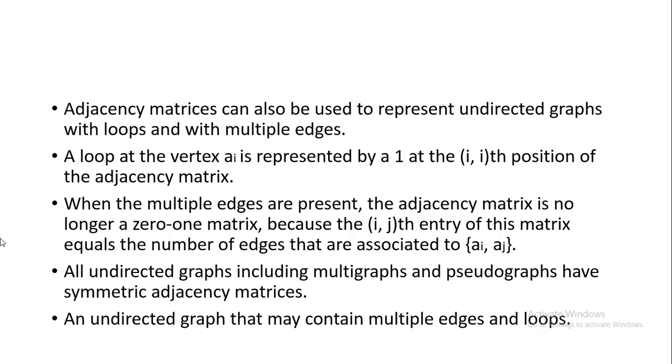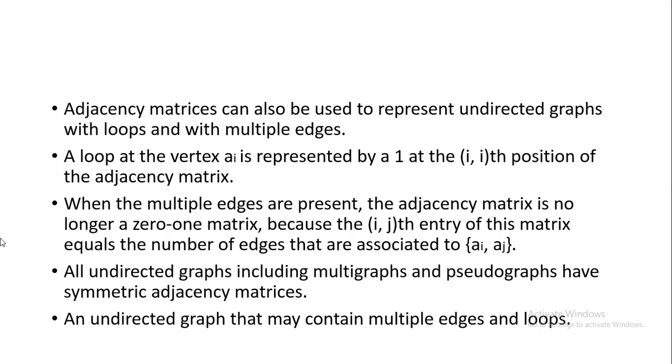A loop at the vertex ai is represented by a 1 at the ith diagonal position of the adjacency matrix. Obviously, if a loop is present in the graph, then the value will be 1. And if there is no loop, then the value is 0.